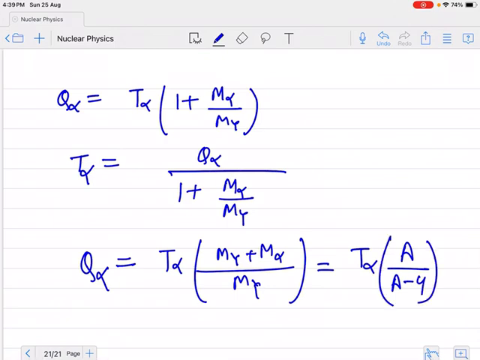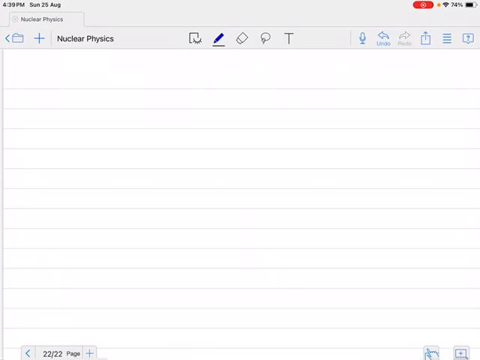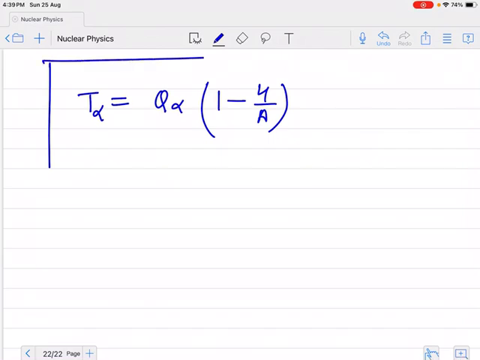So Q alpha is this, or the kinetic energy of the alpha particle is Q alpha times 1 minus 4 upon A. This is the formula for the kinetic energy of the alpha particle.